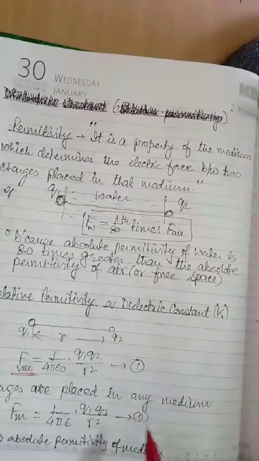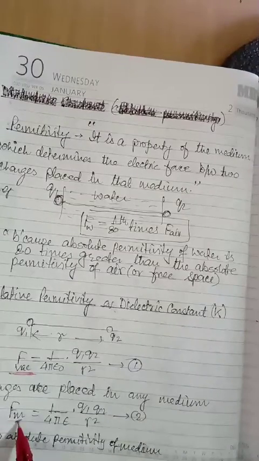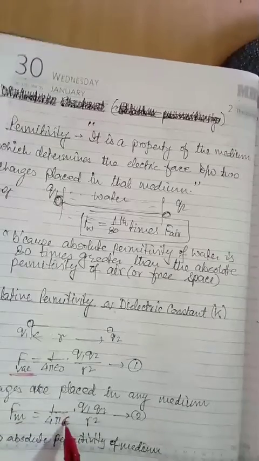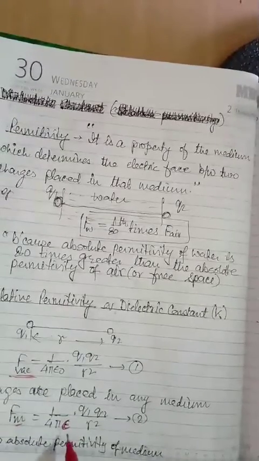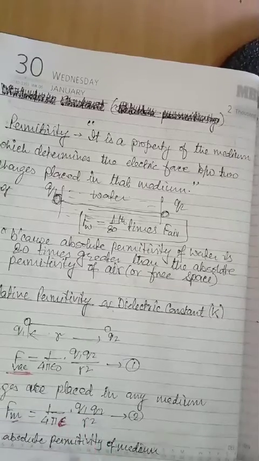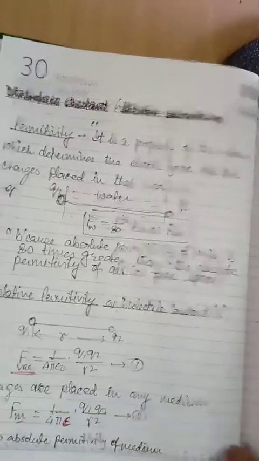And if the charges are placed in any medium, then F medium is 1 upon 4 pi epsilon, q1 q2 upon r square. Here we are not using epsilon naught because epsilon is the absolute permittivity of the medium.